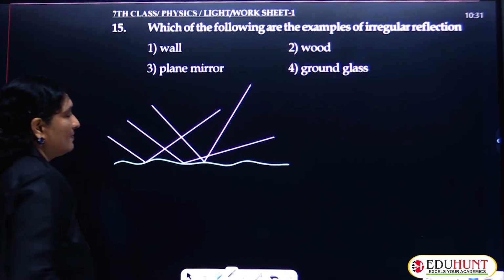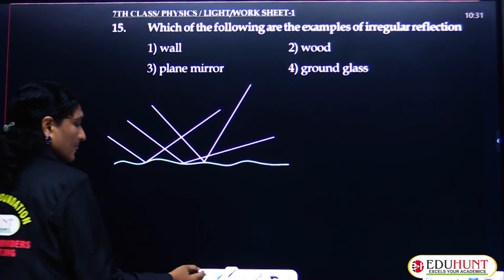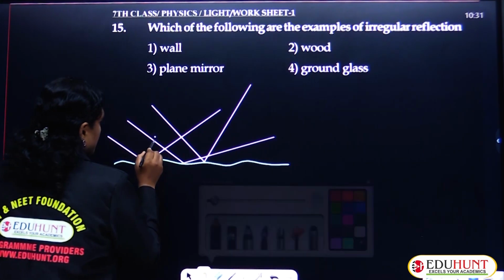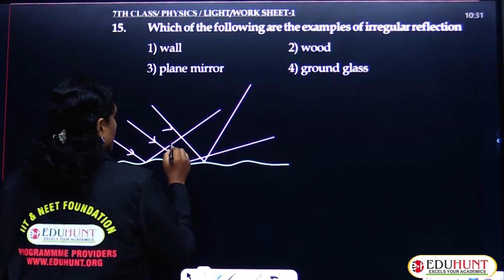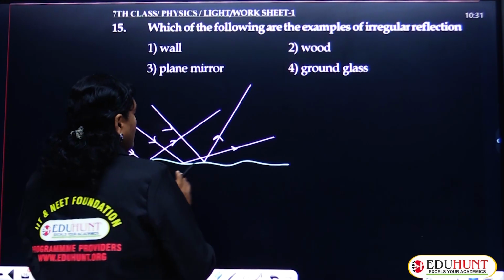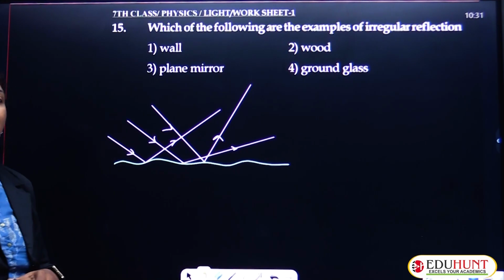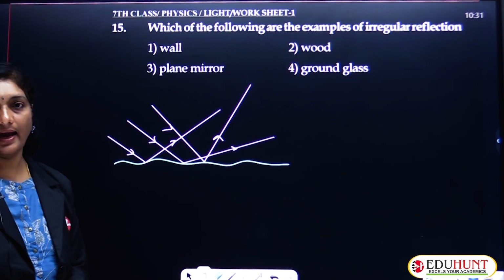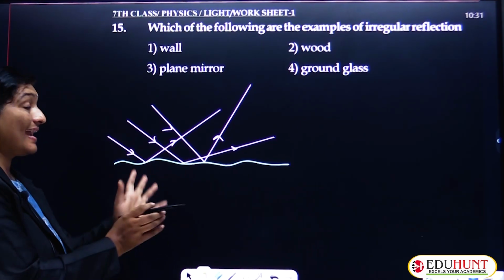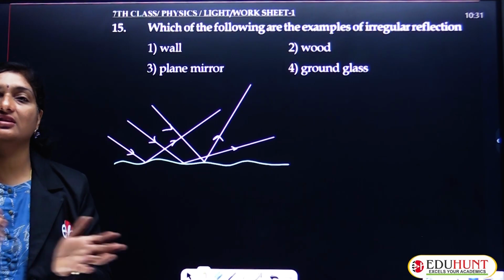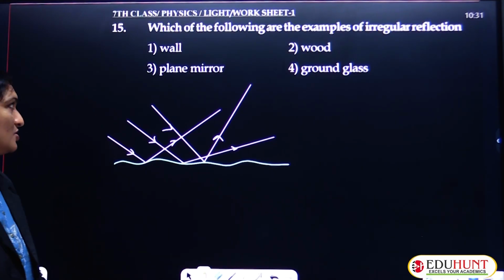Irregular reflections are being observed. So this is your incident light rays and here is your reflected light rays. So the light rays scatter in all possible directions.